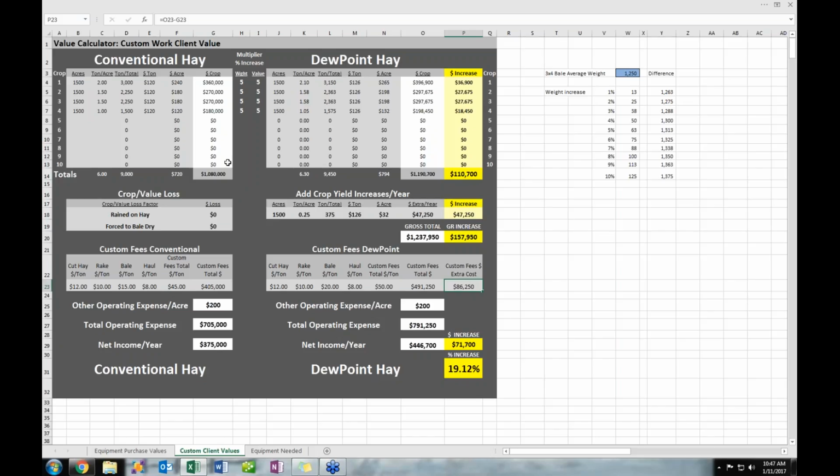And trust me, this works, because we have taken this spreadsheet to a farmer who is paying somebody else to bale his hay, showed him what the steamer was capable of doing, and no joke, convinced him that charging him an extra $2 or $3 per ton simply because he was getting his hay baled with steam sold them on the idea because of the added increases that they were able to make.